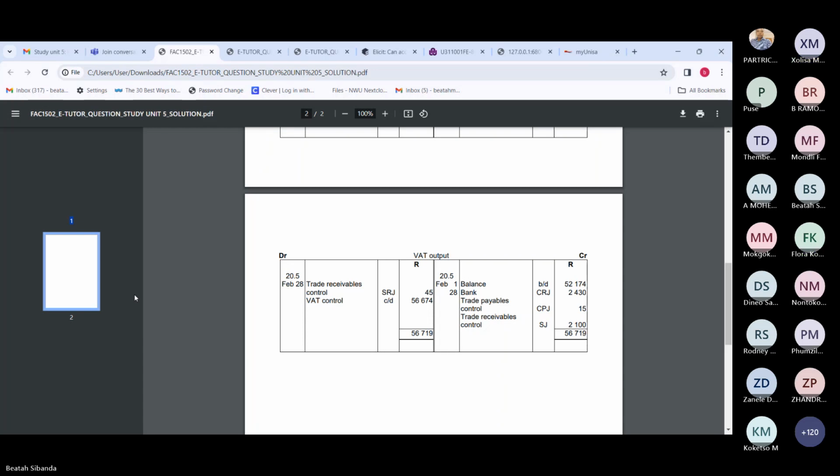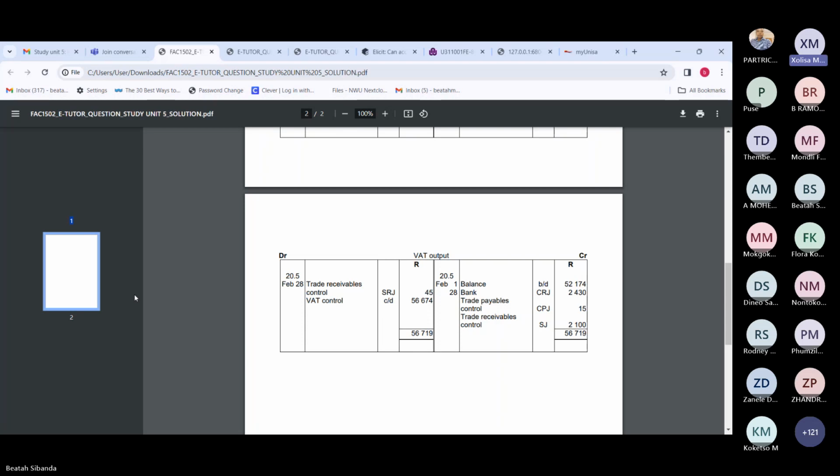Now, all the transactions that give rise to output VAT, which is usually your sales transactions, and of course this discount on the cash payments, but mostly the transactions that relate to sales, are the ones that increase your output VAT. So that's all on the credit side. You guys see that. And then any transaction that reduces what you owe goes on the debit side.